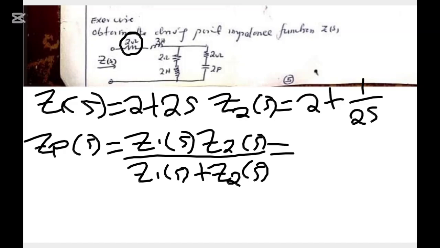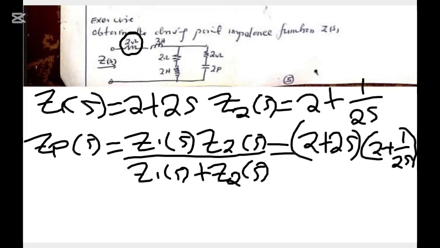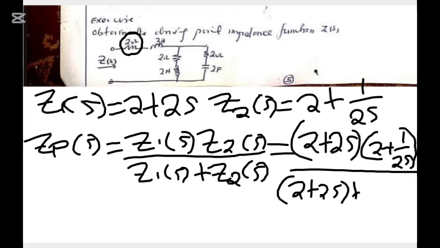So this will become 2 plus 2S multiplied by 2 plus 1 over 2S, divided by 2 plus 2S plus 2 plus 1 over 2S.